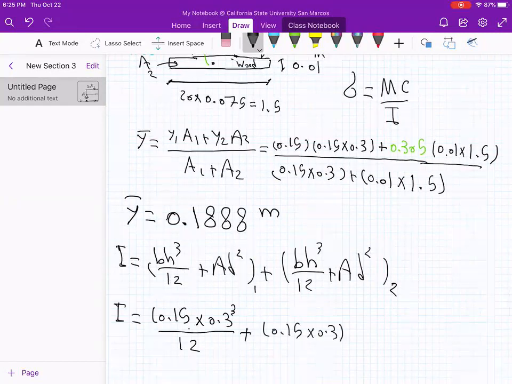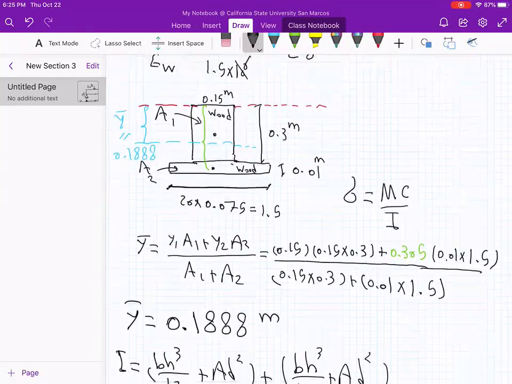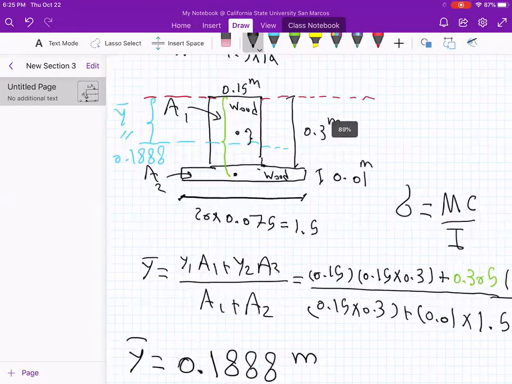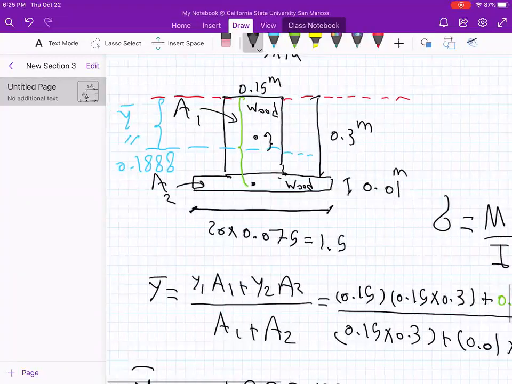Now D, we need this distance, right? So 0.3 minus 0.188, the center minus that. It would be 0.15 minus 0.188, right? Let me write.